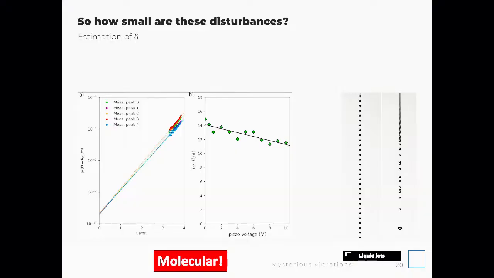Well, on the x-axis, that's the time. And this is just what we see, the little cylinder breaking up in little sausages, and we measure the amplitude of the sausage, basically.